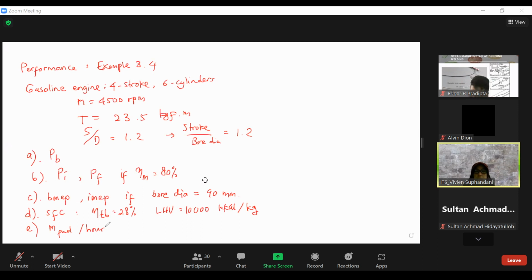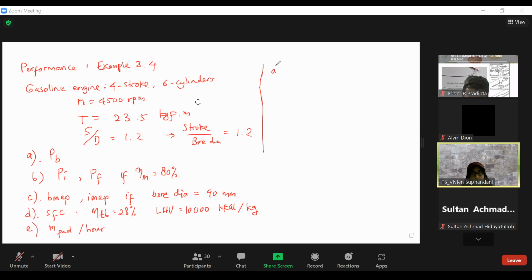We will look at it here. The first one is finding the brake power. The brake power is the easiest because it is based on measurement.